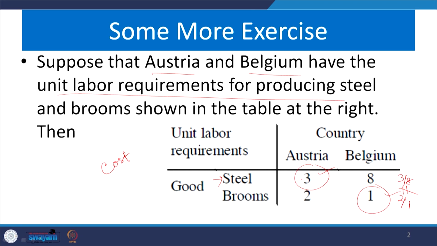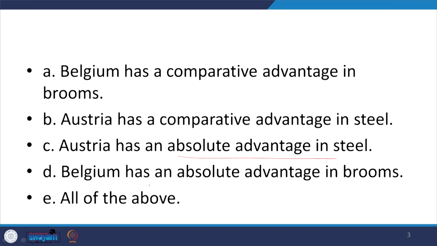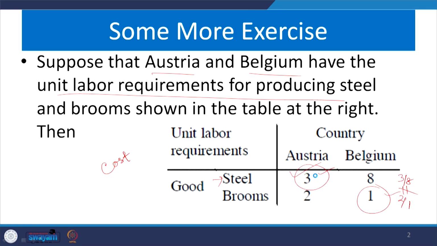As per the absolute cost advantage, it is right, correct. Now, Belgium has an absolute advantage in brooms. That is also correct. So, both of these options are actually correct.